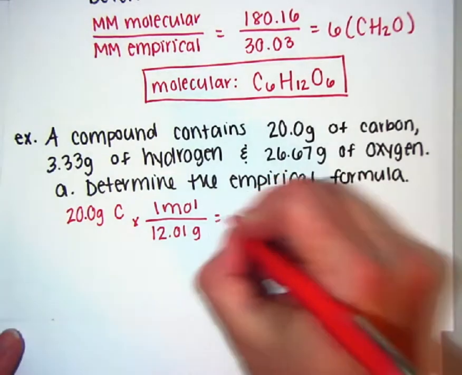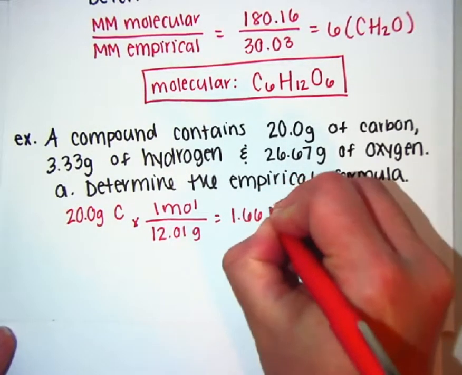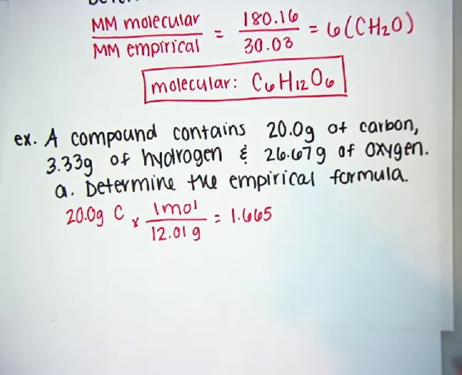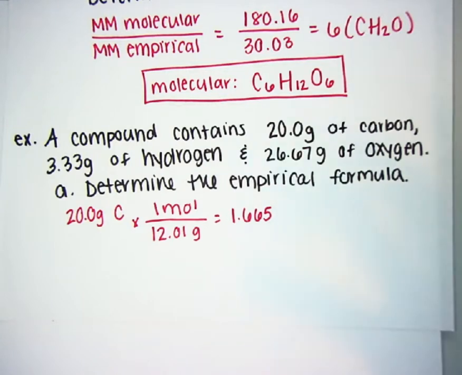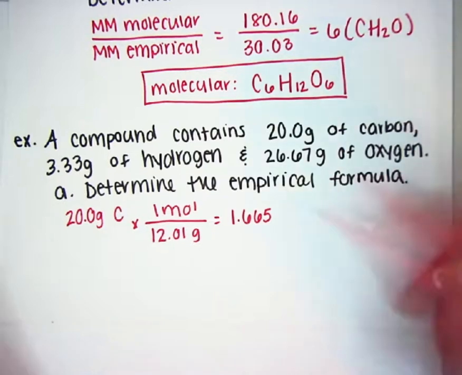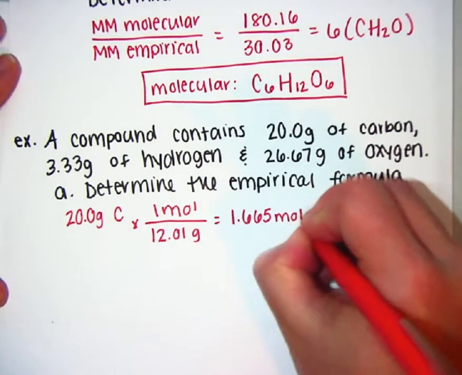You get about 1.665. For these calculations, we don't need to worry about significant figures because the empirical formula is going to be a formula. We're not going to record a numerical answer. So don't worry so much about significant figures.